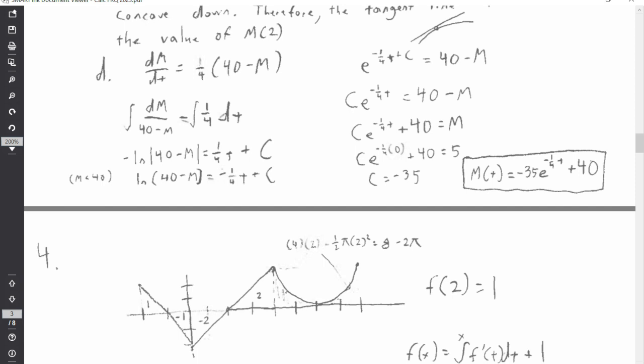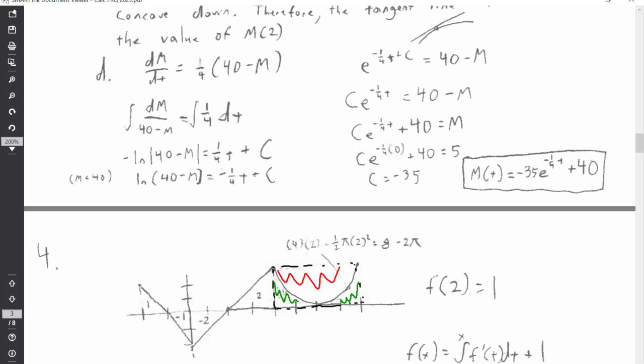So that's why it's going to be 8 minus 2 pi here, because it's the area of this rectangle taking away the actual semicircle, which leaves me with the actual area in green, which is what I want.